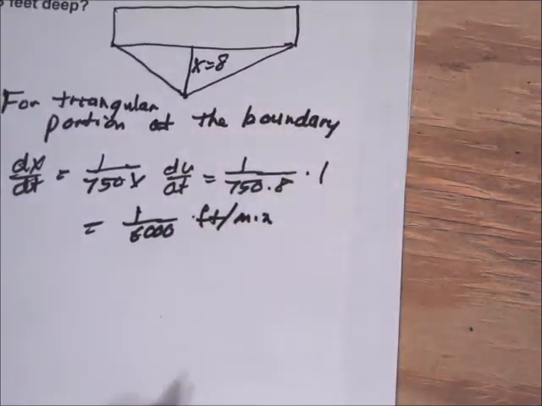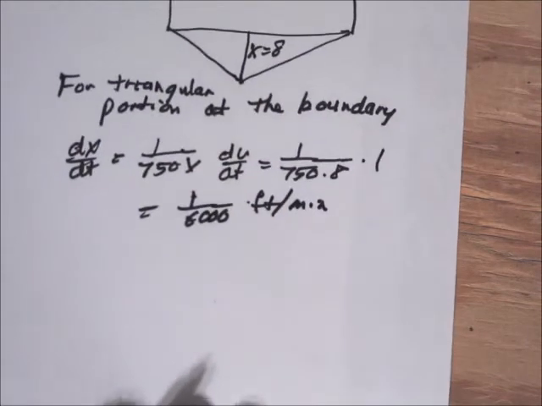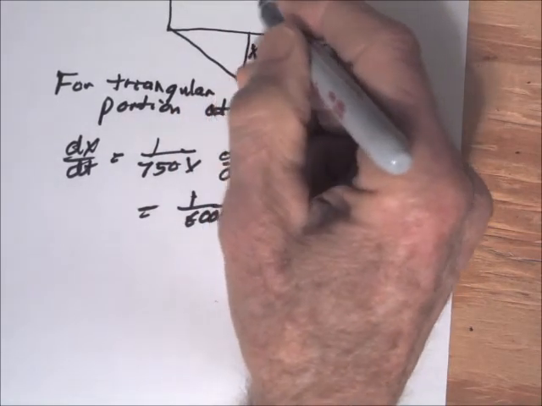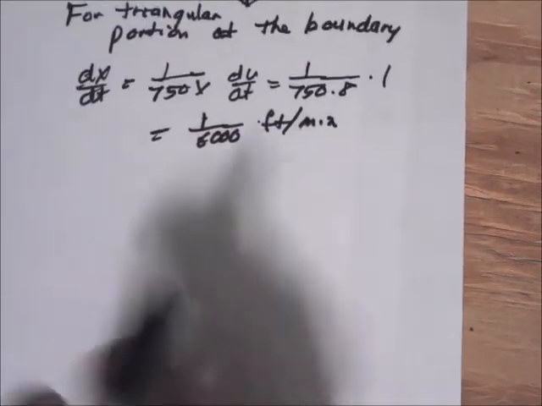Okay, so as x approaches the boundary from the triangular side, the rate is 1 over 6,000 feet per minute. But we can also compute the volume on the rectangular portion.